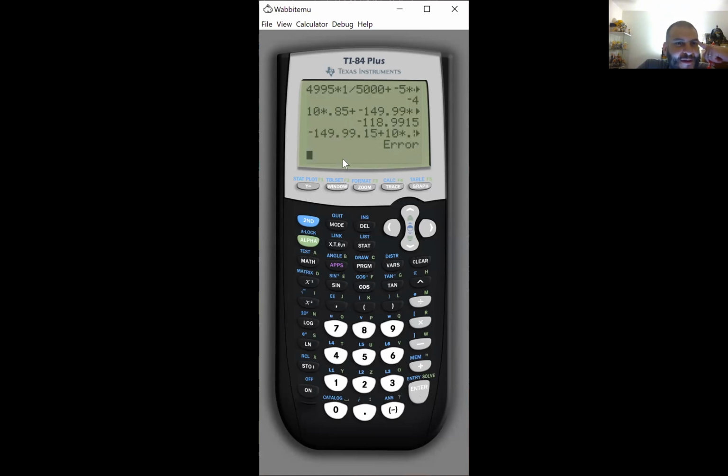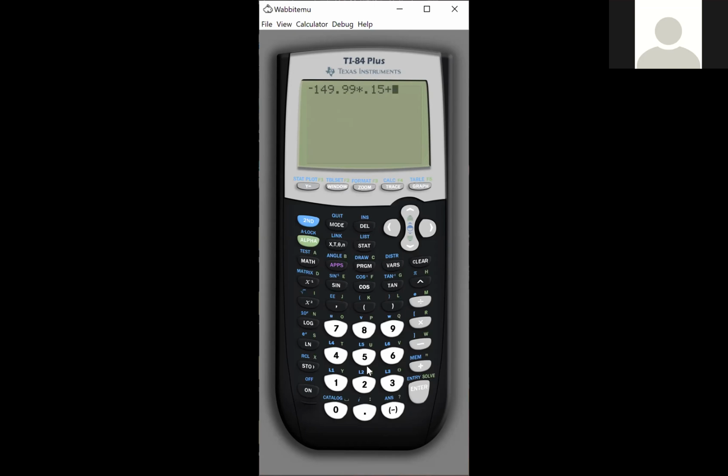Oops. This should be a multiplication symbol. I forgot the decimal. Here, let's do this again. So again, negative 149.99 multiplied by 0.15 plus $10 times 0.85.